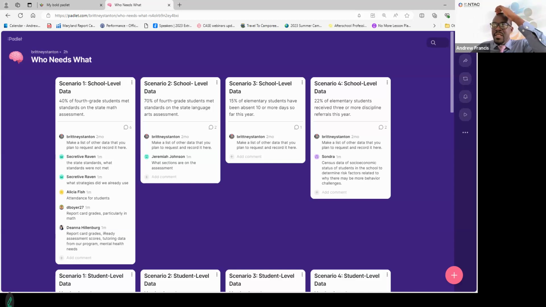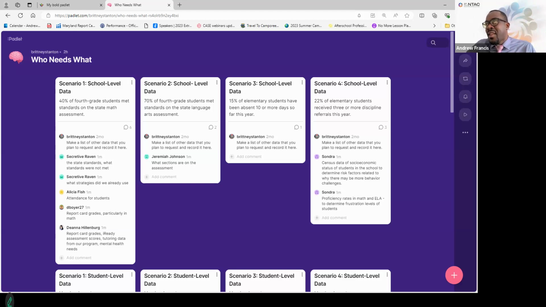What strategies did we already use in relation to that piece of data? But we also see a combination here of people not only wanting to look at their academic data, but also saying let's look at attendance and any other data sets that could be useful in helping us establish the needs.